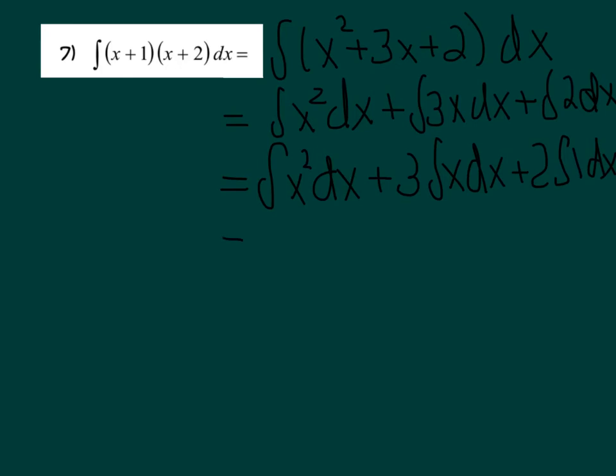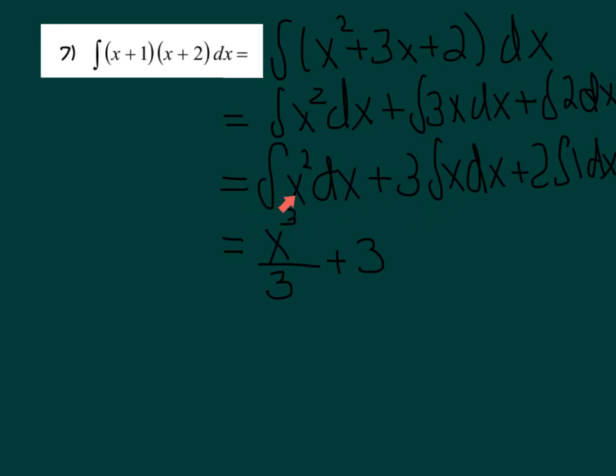So what is the rule that I'm going to use for this very first integral? Well, the rule for the integral of x to the n equals x to the n plus 1, which is 3, over n plus 1, which is 3, plus 3 times the integral of x. And for the integral of x, we're going to use exactly the same rule.